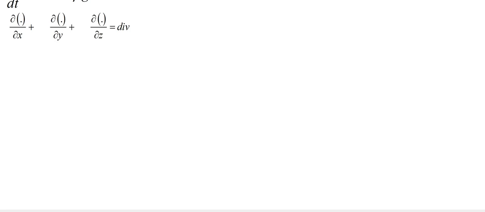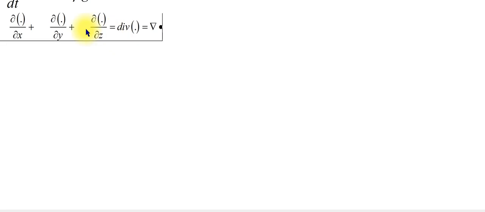Divergence of dot. Sometimes we write this as nabla, and we use nabla dot. So divergence and this, maybe sometimes we write like this.